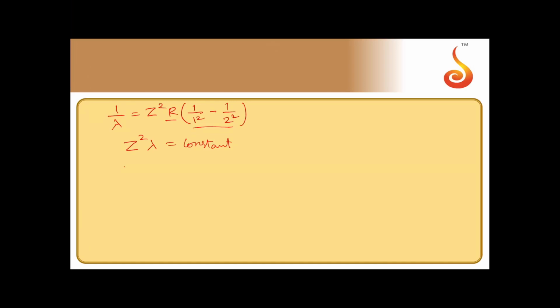So 1 square into lambda 1 should be equal to 2 square into lambda 2, that is equal to 3 square into lambda 3, and so on.